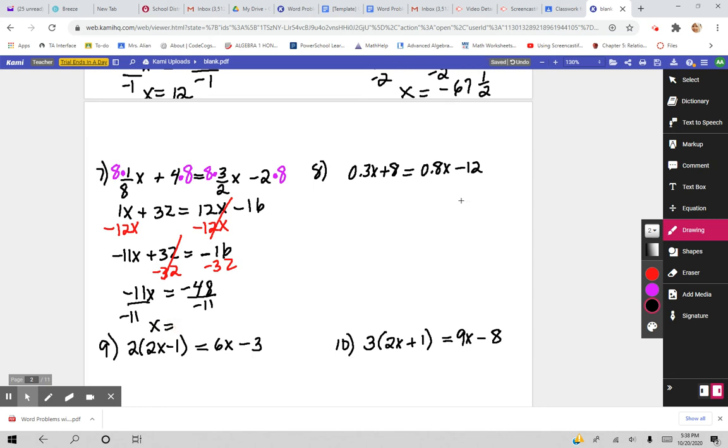They both have the same sign. SSP, same sign, positive, so it's going to be positive. 11 goes into 48 4 times because 11 times 4 is 44. And we take 44 from the top here, you're left with 4 over 11. Because our improper fraction is negative, our mixed number should also be negative.